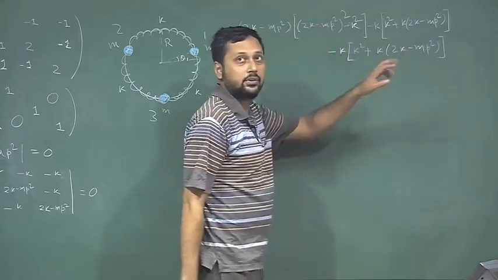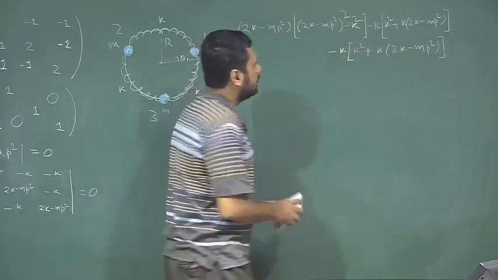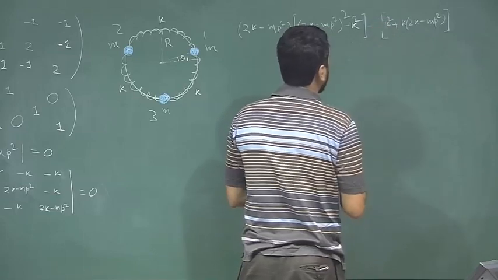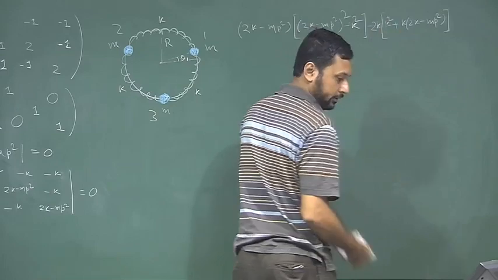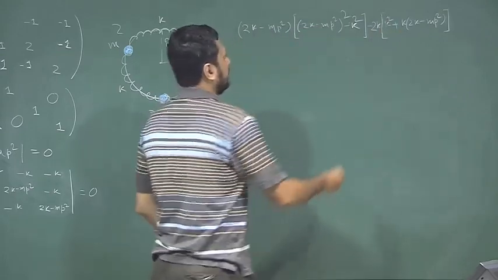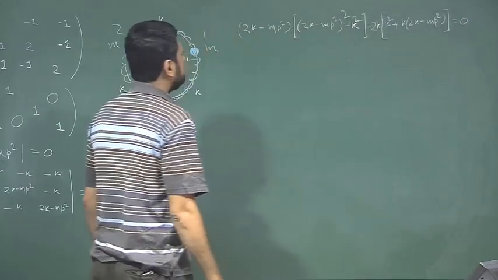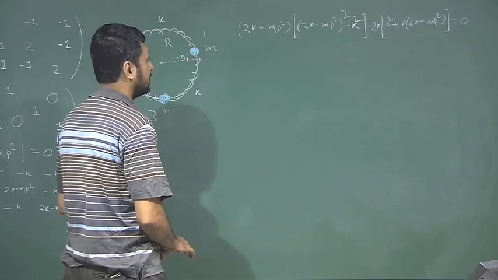Now, you see that these two terms are identical. So, what we can do is we can simply add them together, put a 2 here. So, it will be 2k, and that is it, we are good, and this is equal to 0. That is the equation. Now, if we have to open it up further.